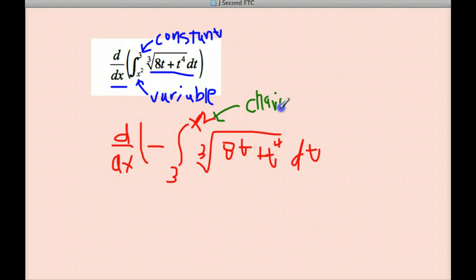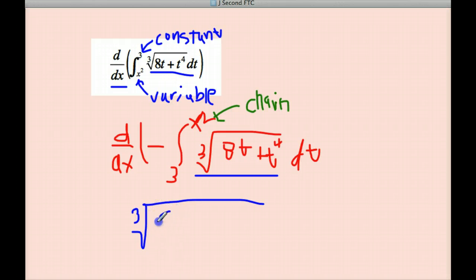So now I am allowed to plug in this x squared, however I still need to use the chain rule. So the first thing is plug into the function. So I get cube root of, everywhere I see a t, I stick an x squared. So I get an 8x squared plus parentheses x squared to the fourth.